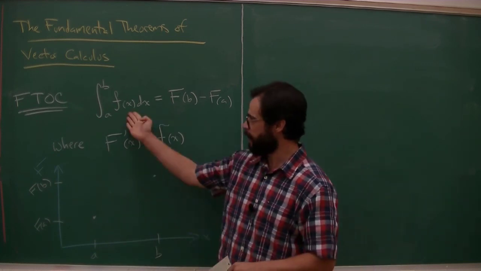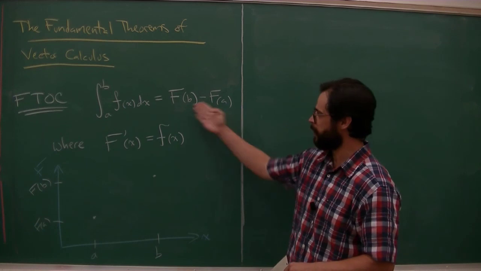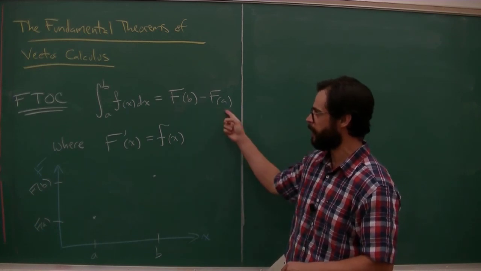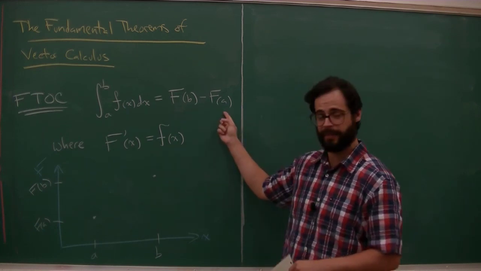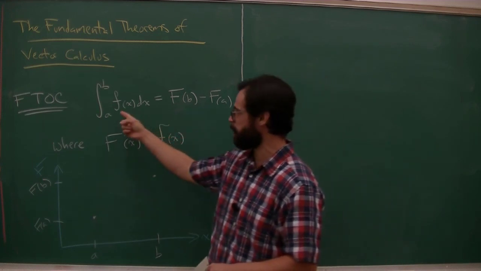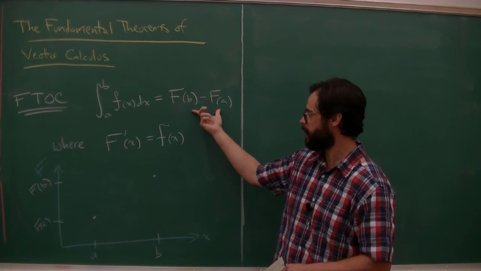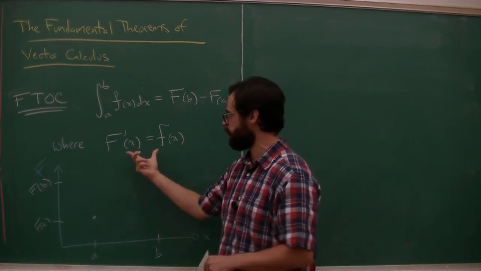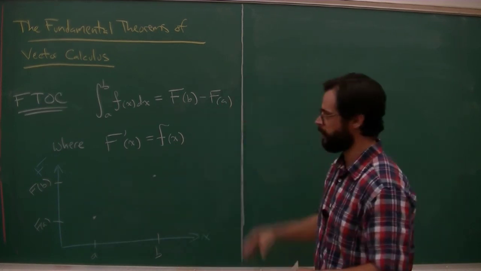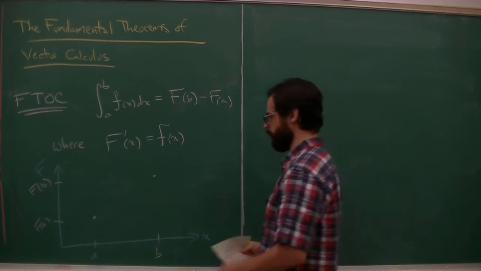So the definite integral of some function can be expressed just by evaluating a different function at its endpoints. And the relationship between the function I have to integrate, which sounds tough, and the function I just have to evaluate at its endpoints is the derivative.